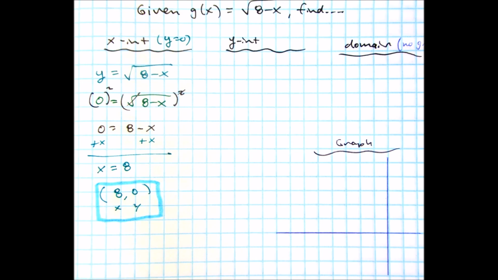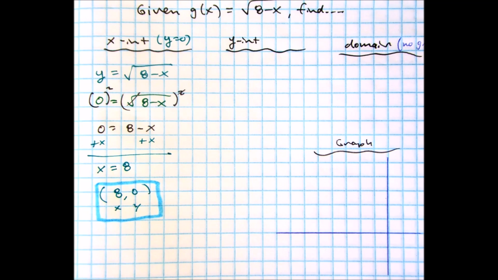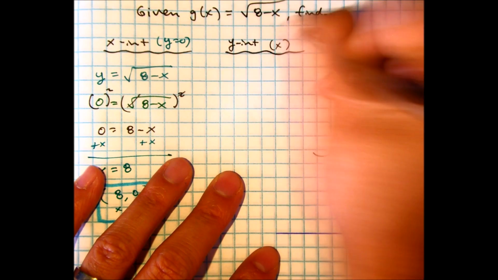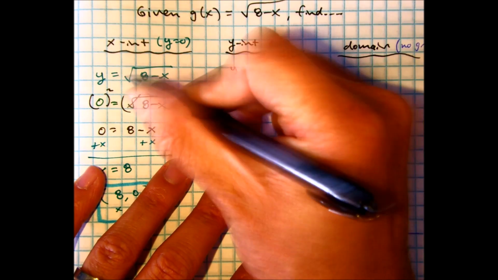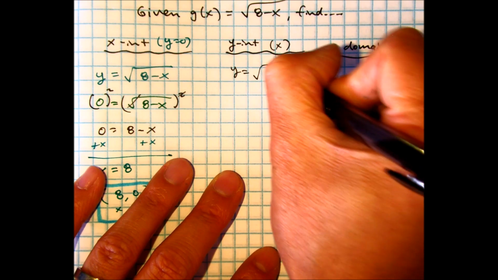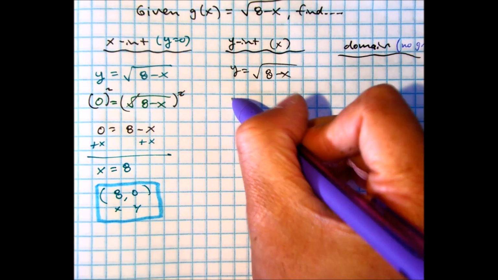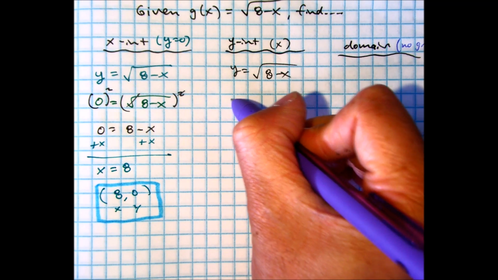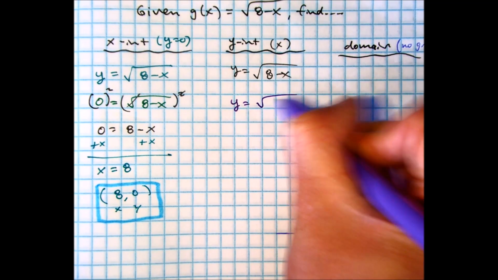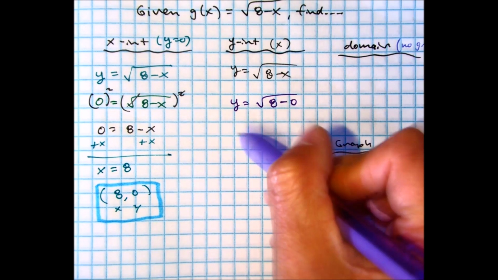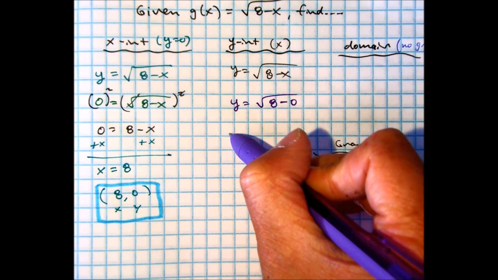Okay, y-intercept. Eileen, how do you find it? I'm going to use the equation with x's and y's. Eileen, do it. y equals the square root of 8 minus 0. What is that? y equals radical 8.